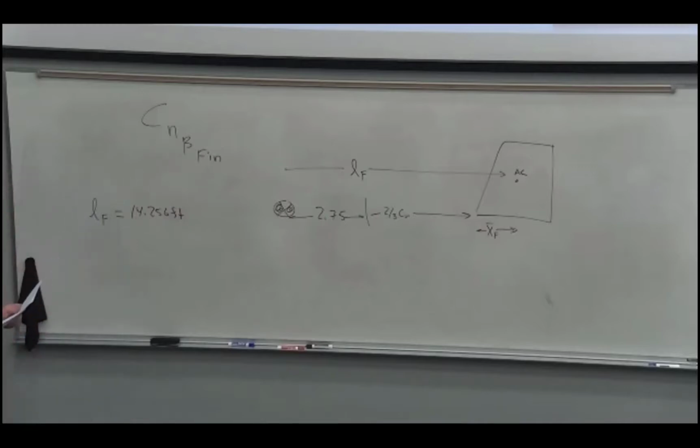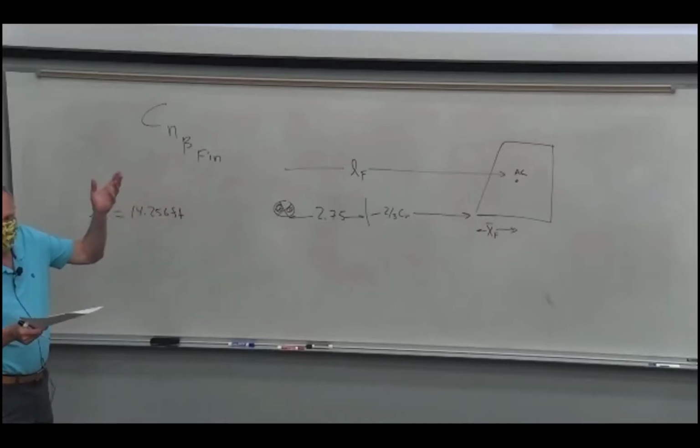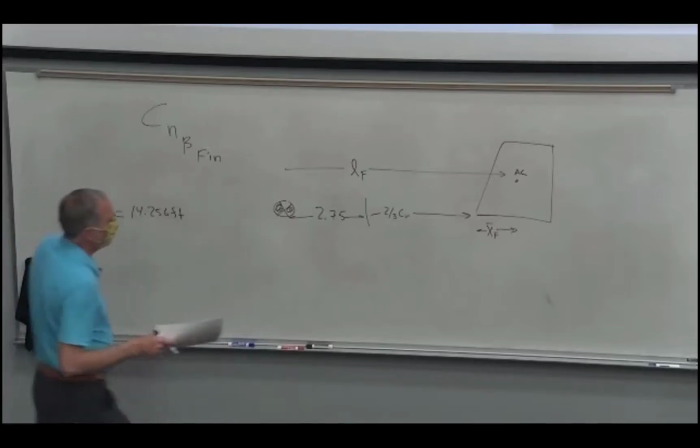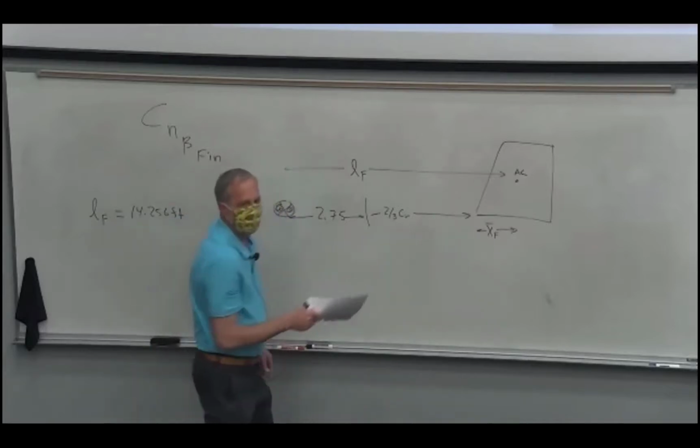Did everybody get that? Yep. You have to go back and look at the root chord of the wing. I'm forgetting what it is. Somebody know what it is? 12.7? That's from a couple homeworks back. We just calculated this in part one.